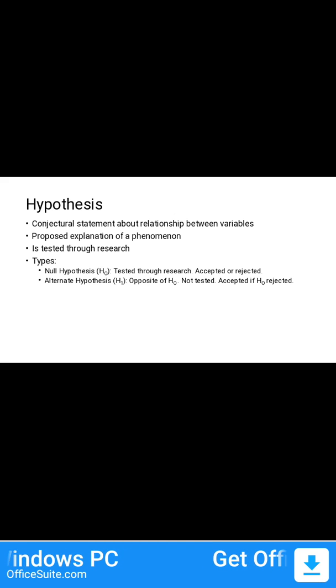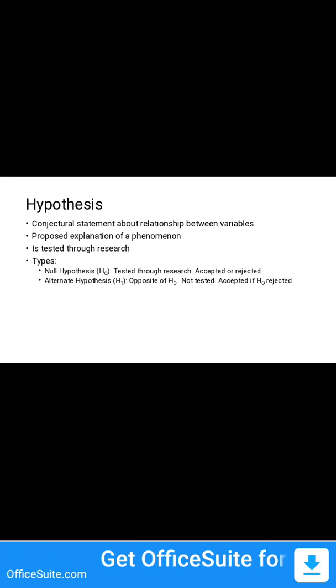Then we have the second type of hypothesis, which is called the alternate hypothesis. Now what is the meaning of the word alternate? Alternate means the other. So naturally, the other hypothesis that we have, which we denote by h1, is the exact opposite of h naught, or the null hypothesis, and it is not tested. This is very important. You need to understand that this hypothesis is not tested. It is accepted if h naught, which is the null hypothesis, is rejected.